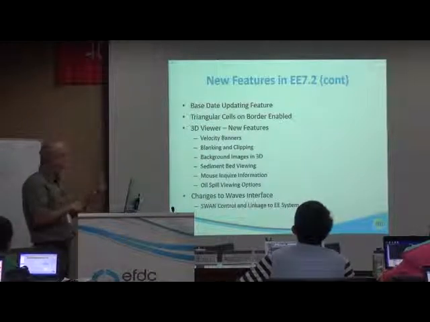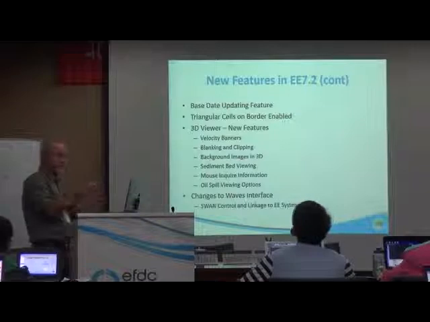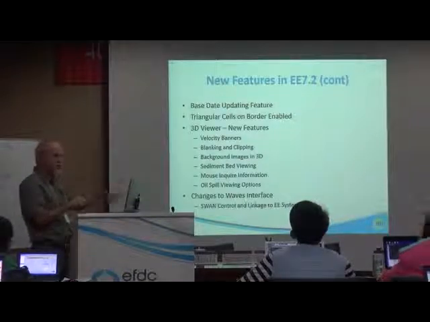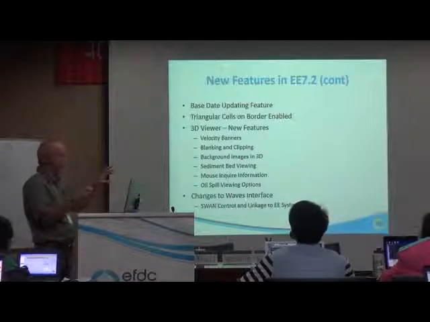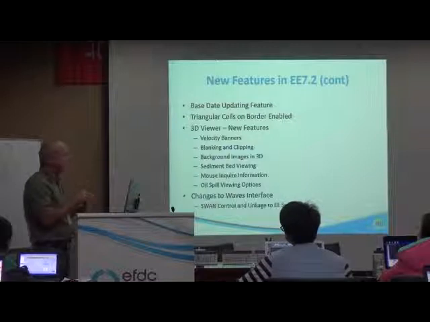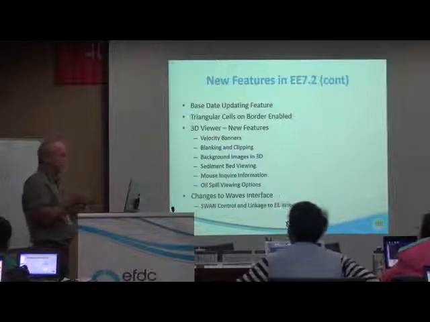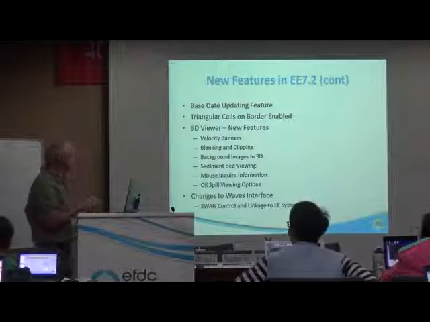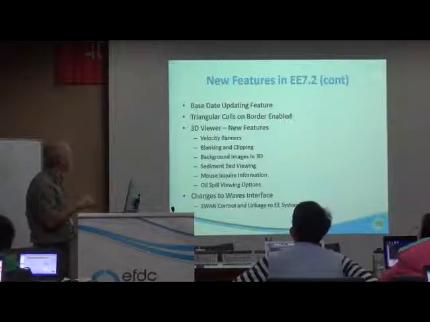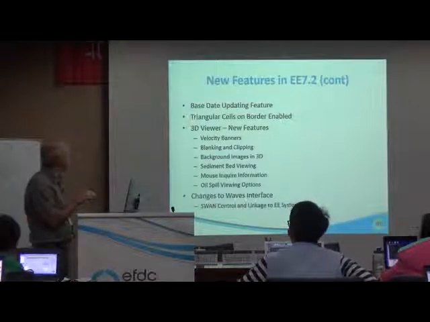Base date, so you know that base date that links the model Julian times to a calendar date. You can now change the base date and it will automatically update all your time series files if you want it to. So it's a nice way to just be able to change all your model timing quickly.